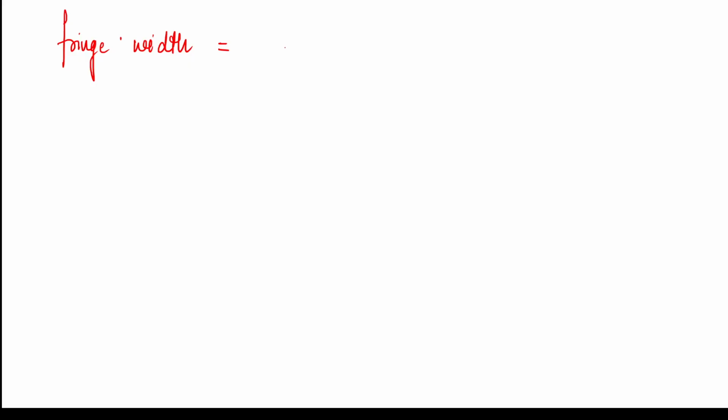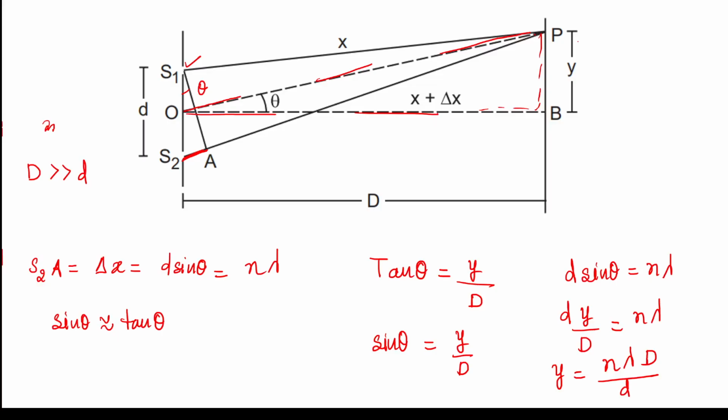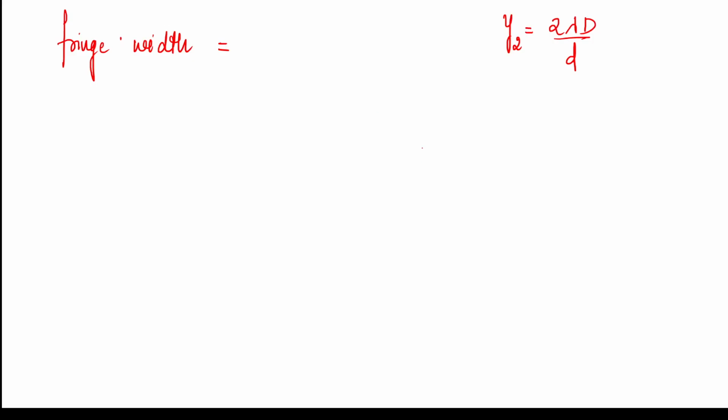Using this equation, remember n is just an integer. It tells you the position of your fringe: y2 is 2 lambda D over d, and y1 is 1 lambda D over d. If you subtract them, what you get is the fringe width.